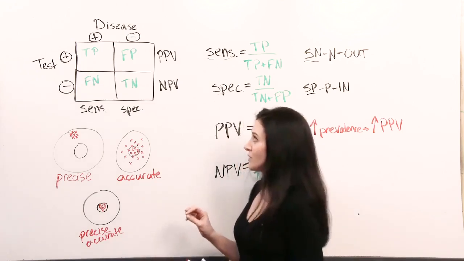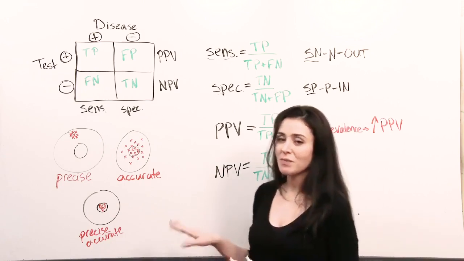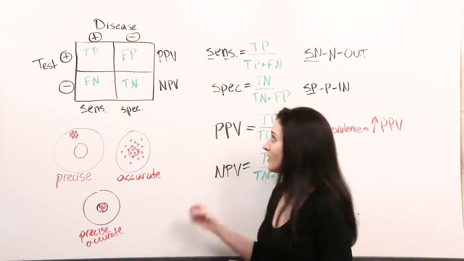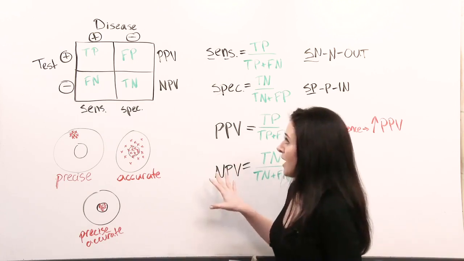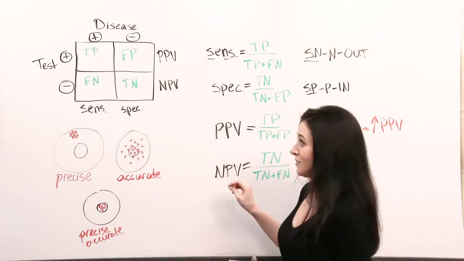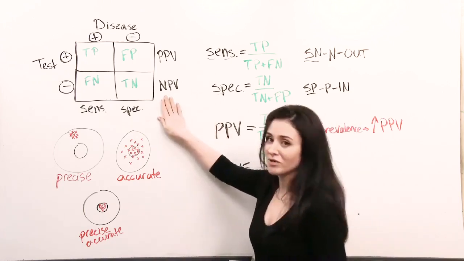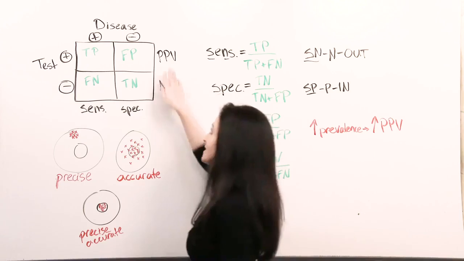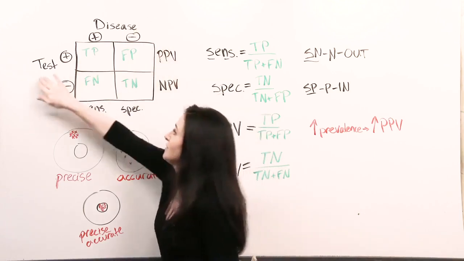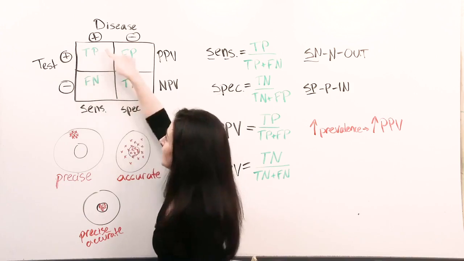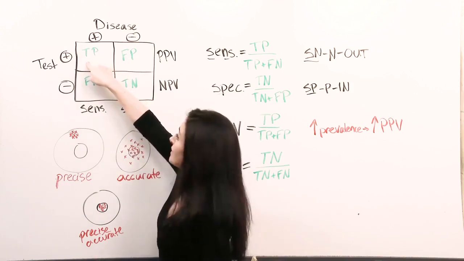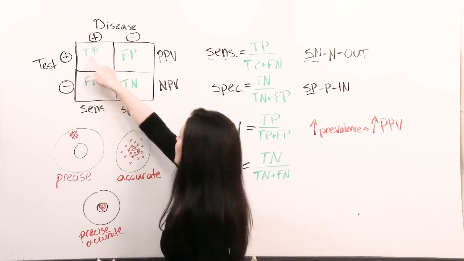Let's just summarize really quickly the sensitivity, specificity, positive predictive value, negative predictive value. Just remember that these are really important concepts and you definitely need to be really comfortable reproducing this table. Do not forget that disease status goes on top, test result goes on the side, and the positives go in the top left corner.